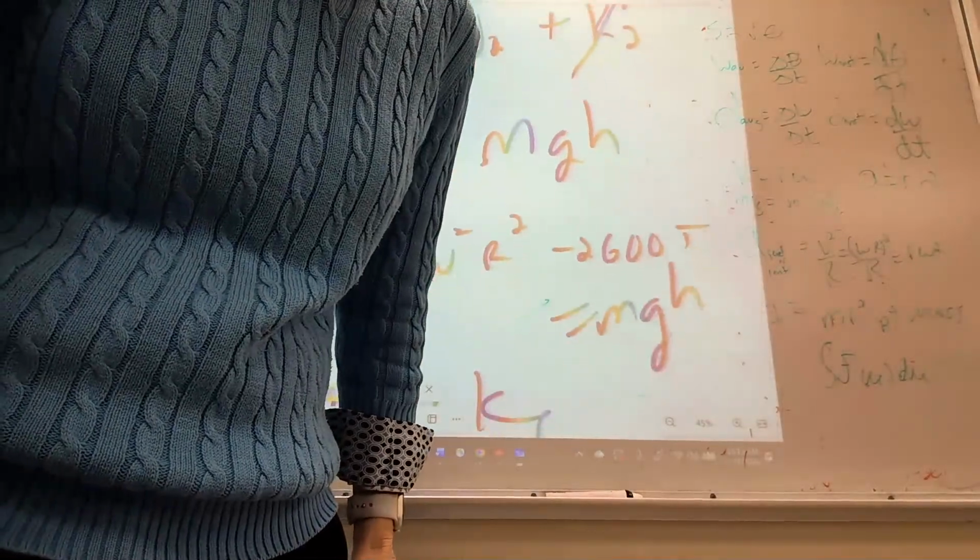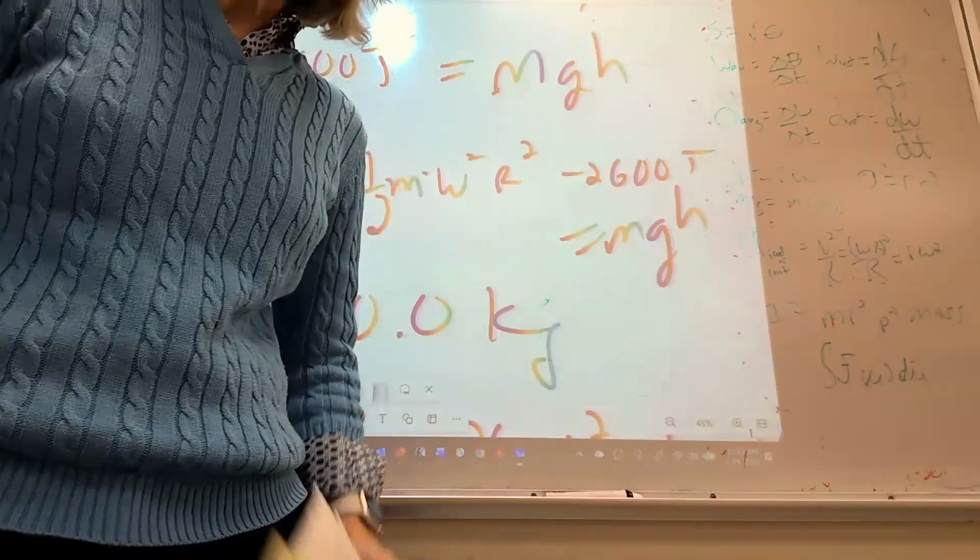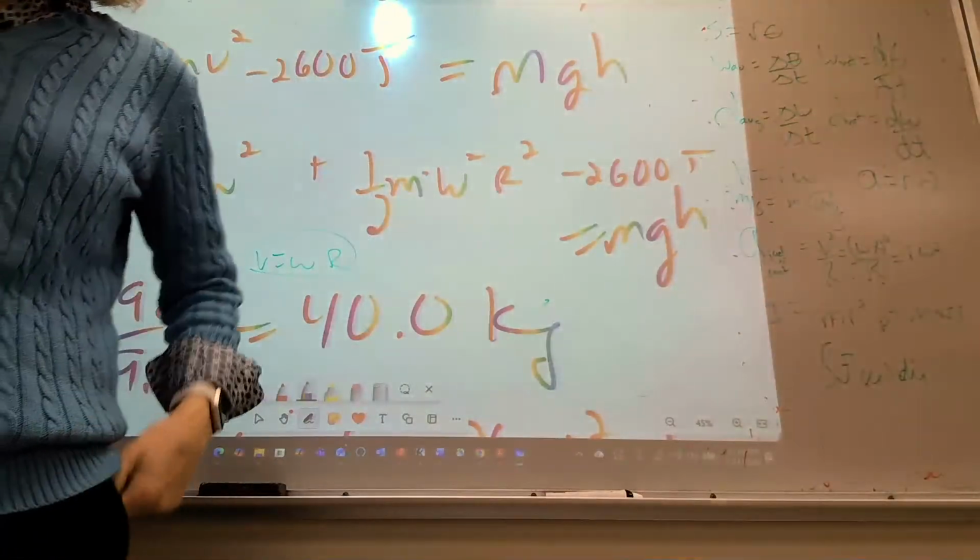So they gave you the omega, they gave you the R. Your weight is going to be 392. Your mass is going to be 392 divided by 9.8, which is 40 kilograms.